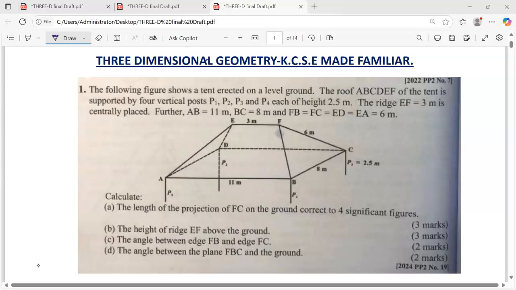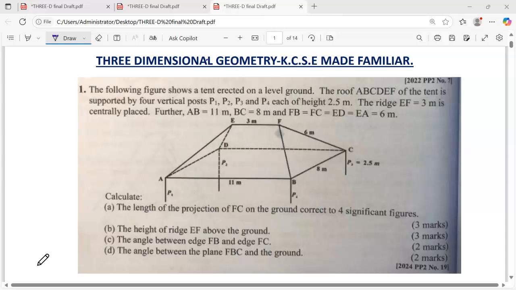The ridge EF is 3 meters, and is centrally placed. Further, we are given that AB is 11 meters, BC is 8 meters, and FB, FC, ED, EA is each 6 meters. Calculate part A, the length of the projection of FC on the ground, correct to 4 significant figures.